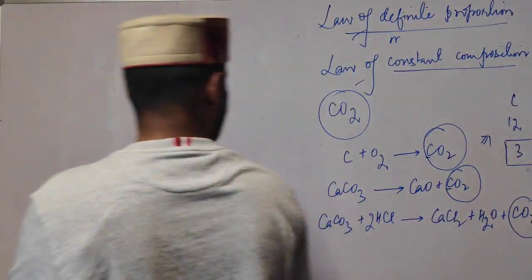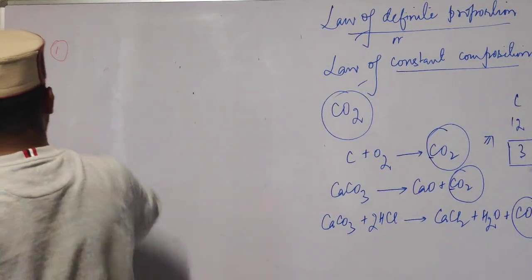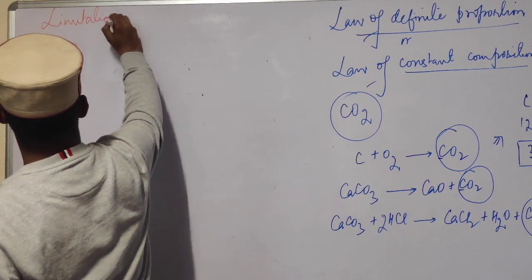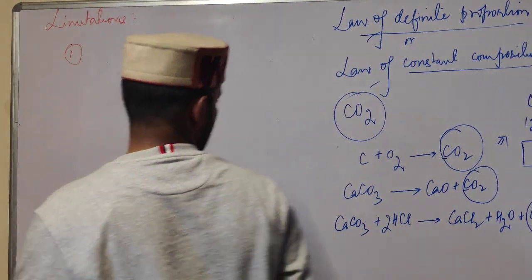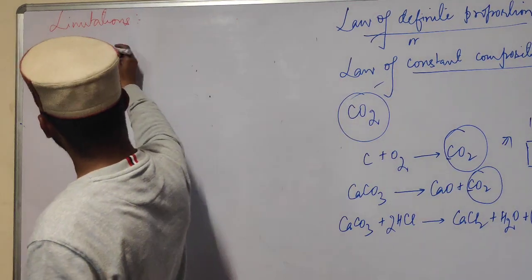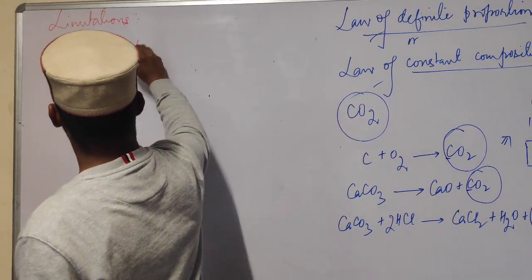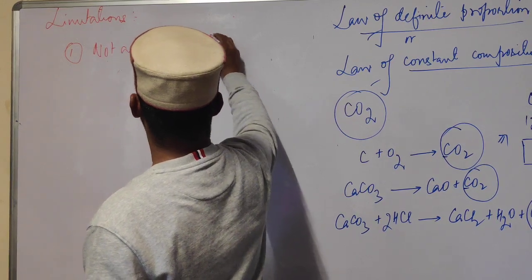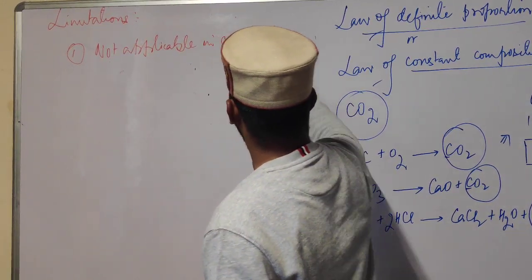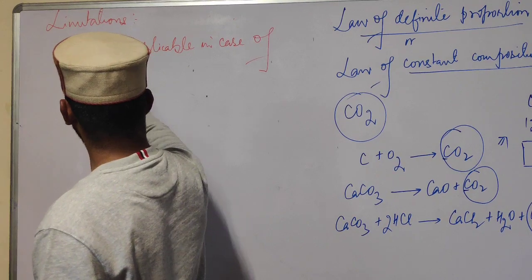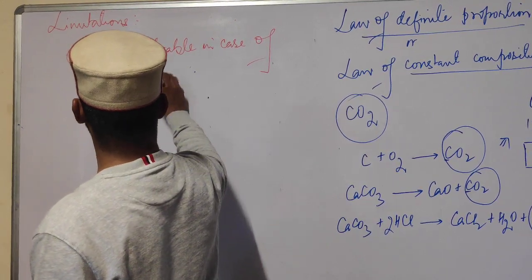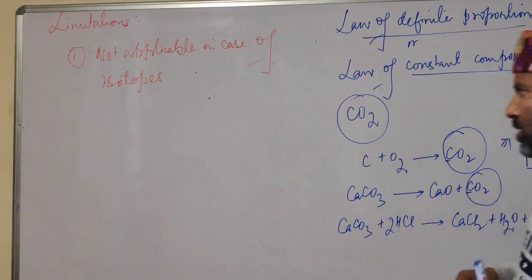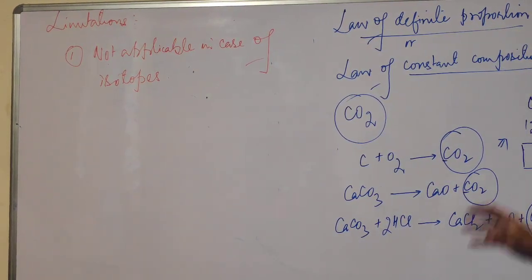These are some drawbacks. The first limitation is that this law is not applicable in case of isotopes, which means when some of the elements occur in more than one isotopic form, then this law will not be applicable.